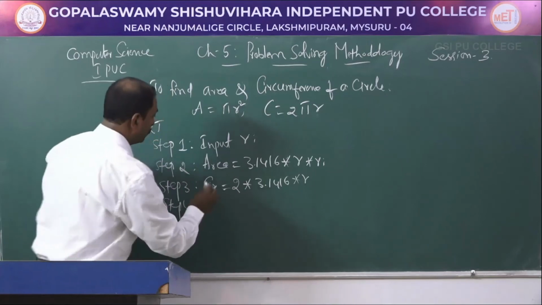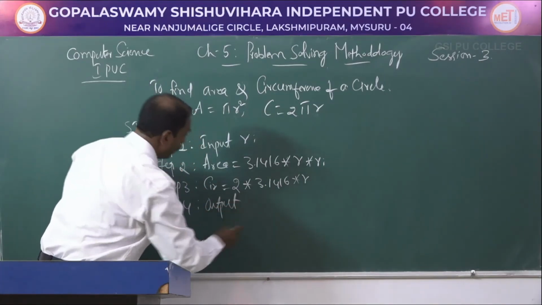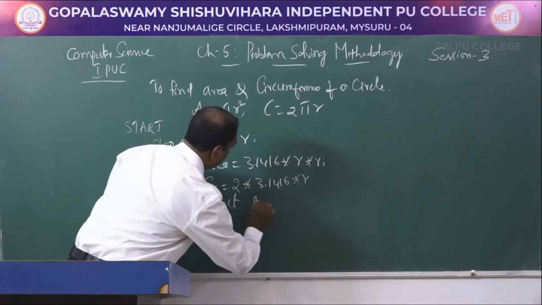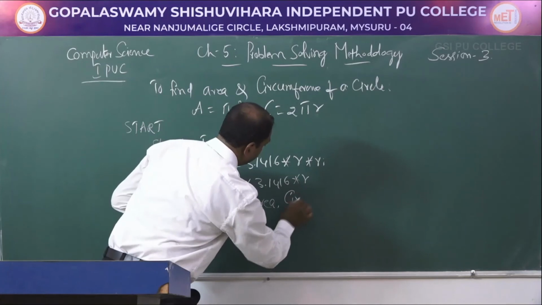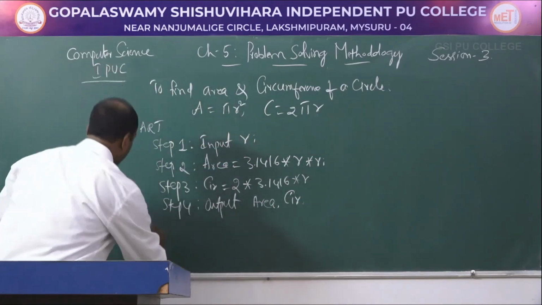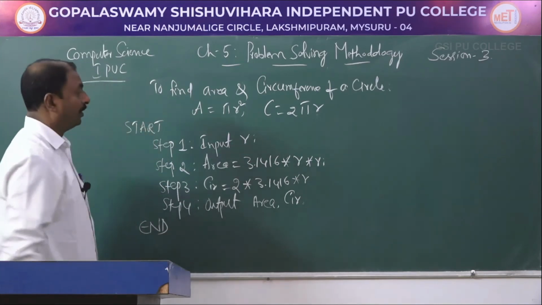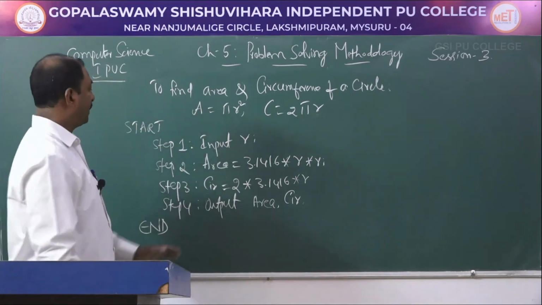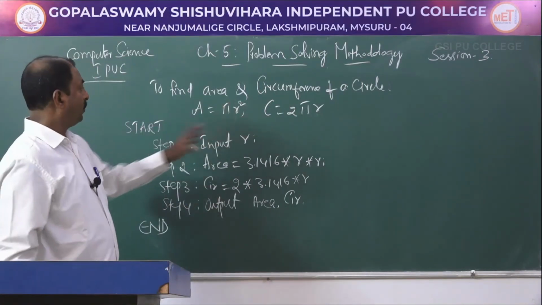So what is the next step here? Step 4, we have to print the result, or we have to output area and circumference. We have to end this algorithm. So this is a very simple example to find out area and circumference in one algorithm.